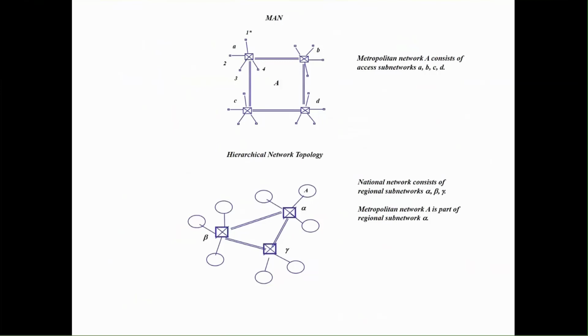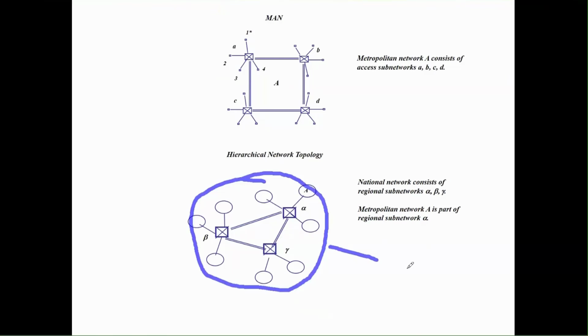Very important. You could see this is a metropolitan area network connecting A, B, C, D. And if I zoom in, I could easily zoom in to one of the networks, for example, A. Just to show you an example, you could typically connect one network to maybe another network here.